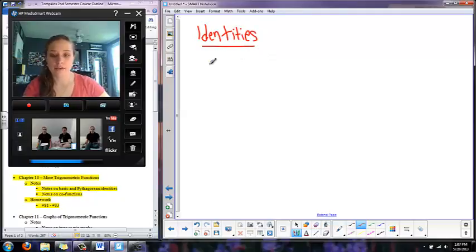Okay, so we have the quotient identities, and the quotient identities are cosecant is 1 over sine. I'm sorry, I should be putting a theta in there for all of these. 1 over sine theta. Secant is 1 over cosine theta.